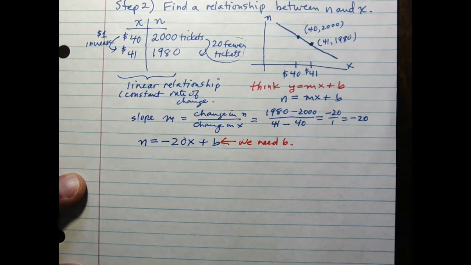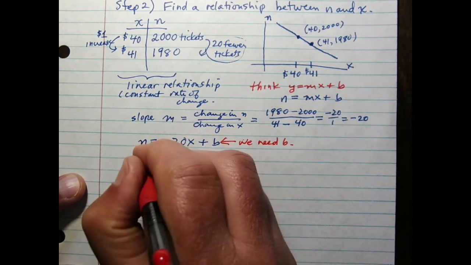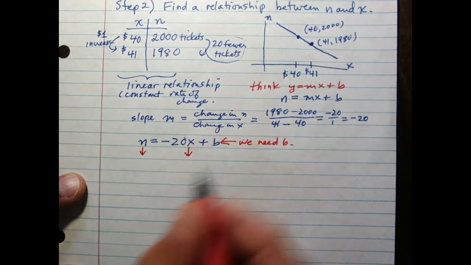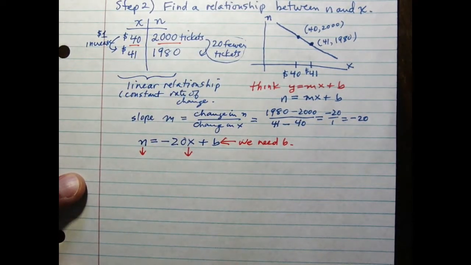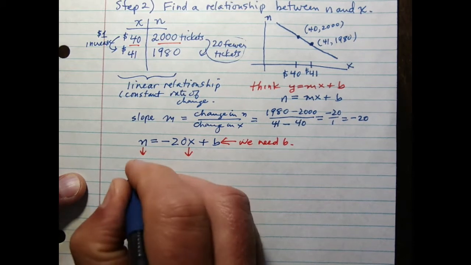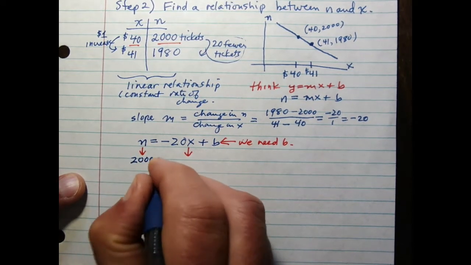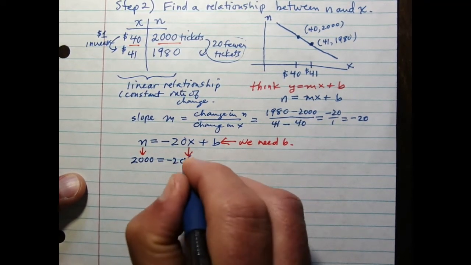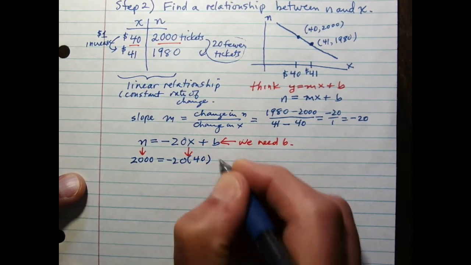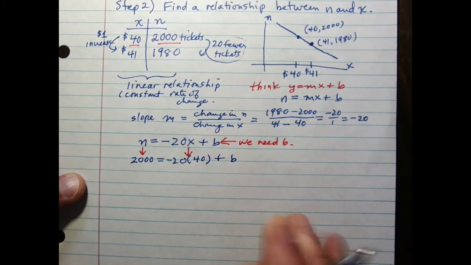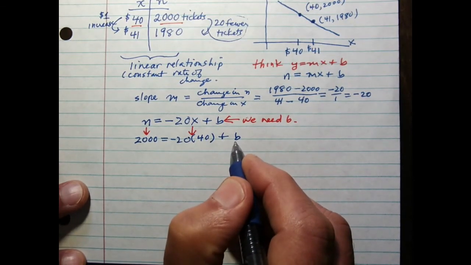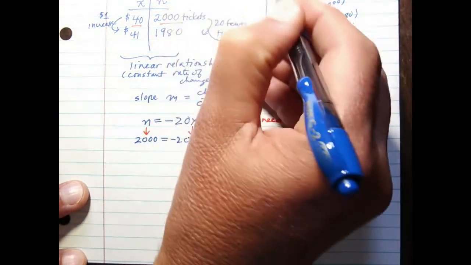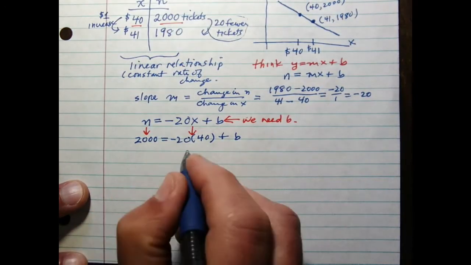So I'm just going to plug in a value of x and n from my table. It doesn't matter which ones. I could plug in n equals 2,000 and x equals 40, so 2,000 equals negative 20 times 40 plus b, just like you would with the equation of a line, to solve for the b value. I'm not actually going to go all the way over to where the y-intercept is.